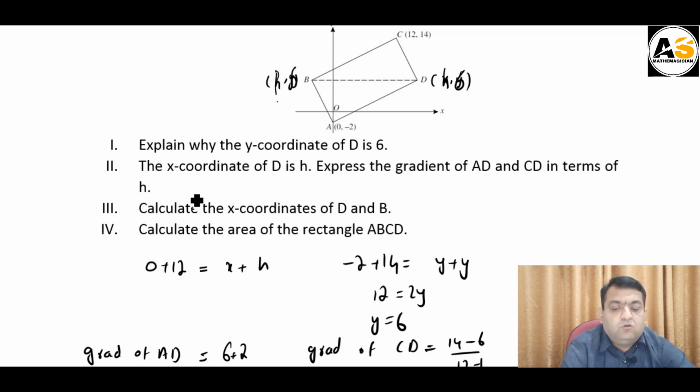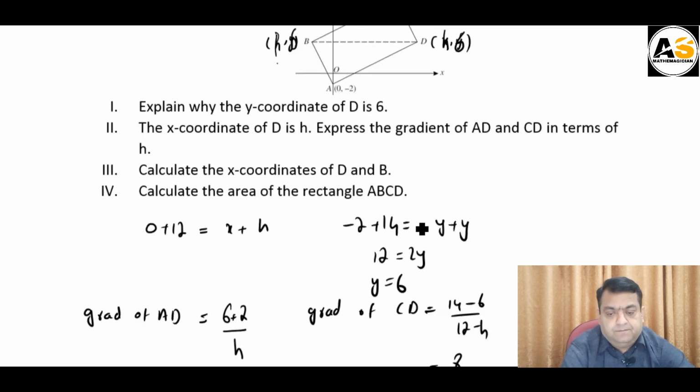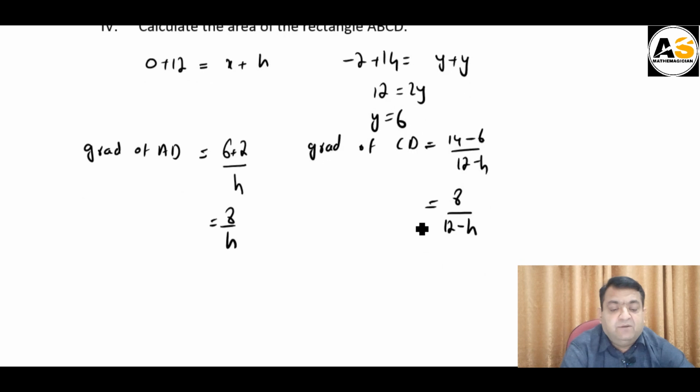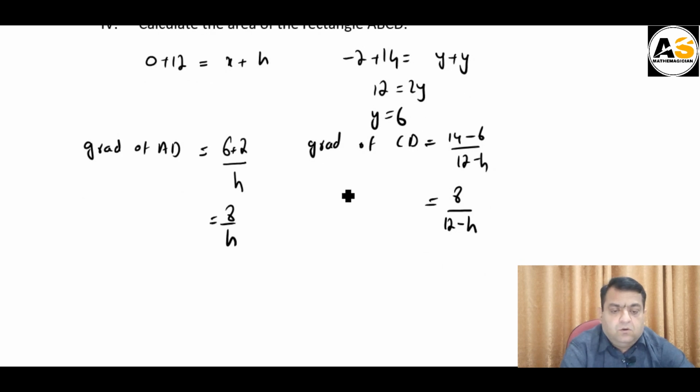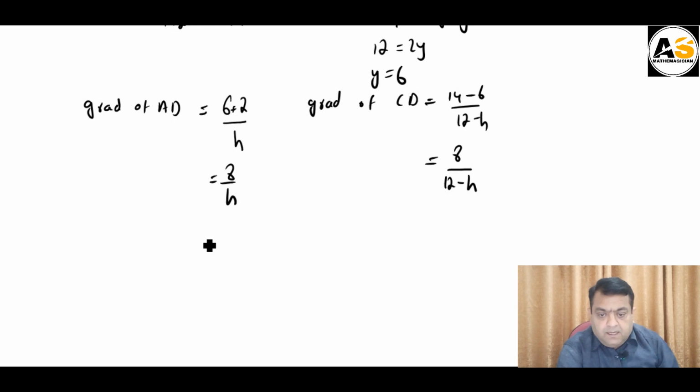Now we have to calculate the x coordinates of D and B. From here, can I write 8 over h multiplied by 8 over 12 minus h is equal to minus 1.